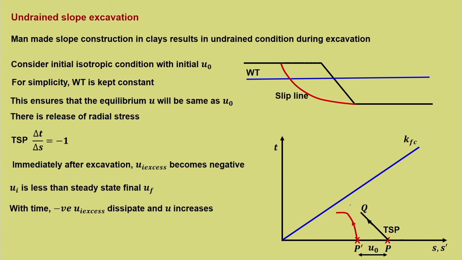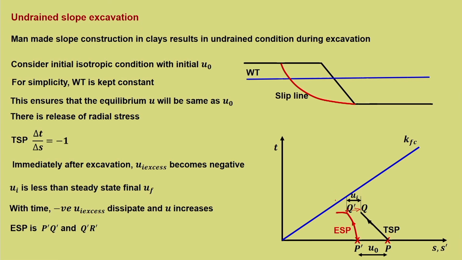So, this is the point where there is an initial pore water pressure UI. This UI is generally less than U naught, or maybe this is the final point of the effective stress path.